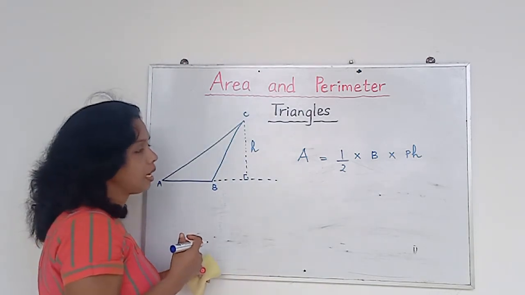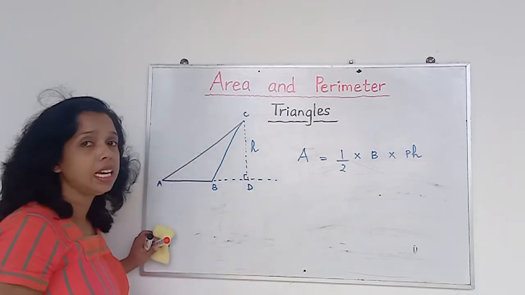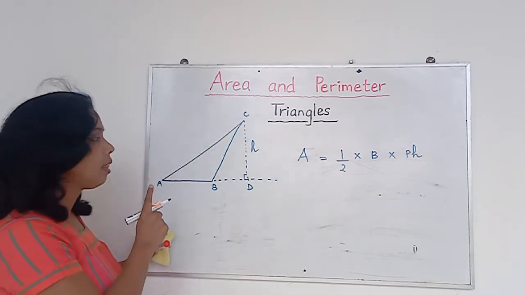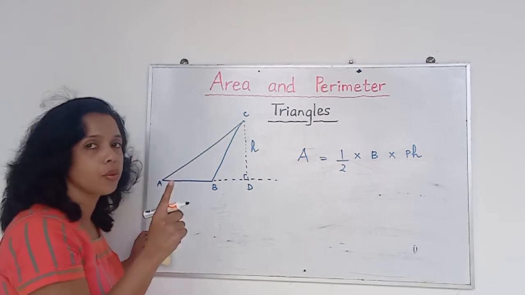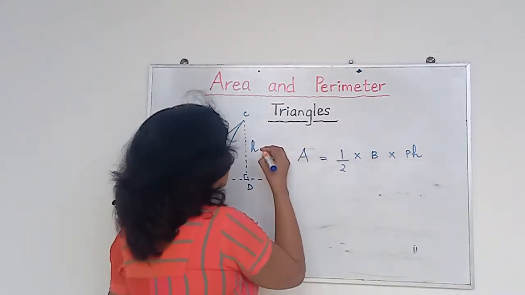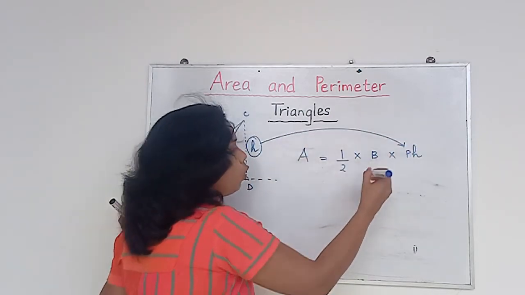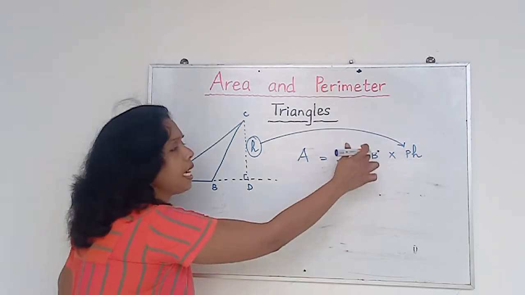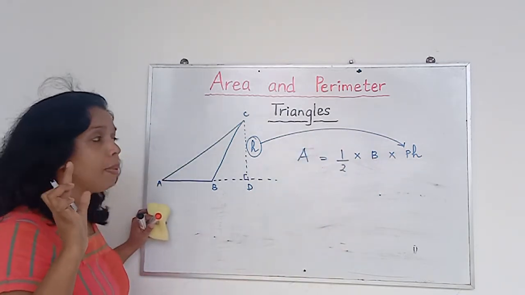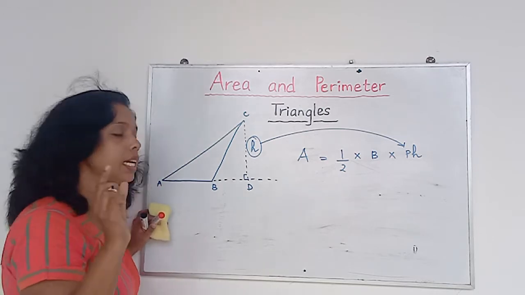Now tell me, let's say this point is D. Look at the picture carefully and tell me. So for H, yes, you can use this value for the height. No doubt. For the base, what is the value I am going to select here?